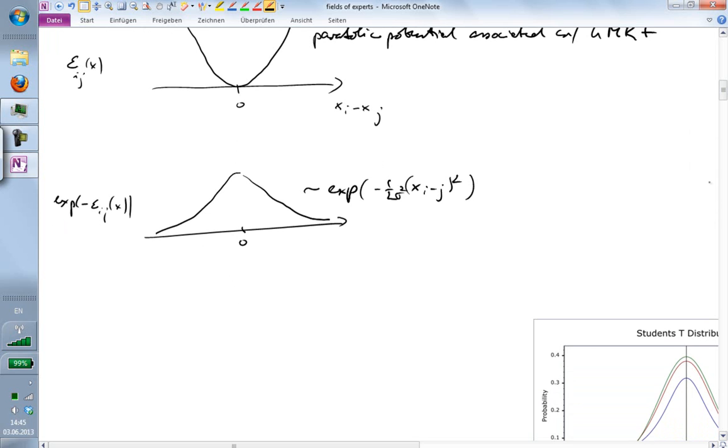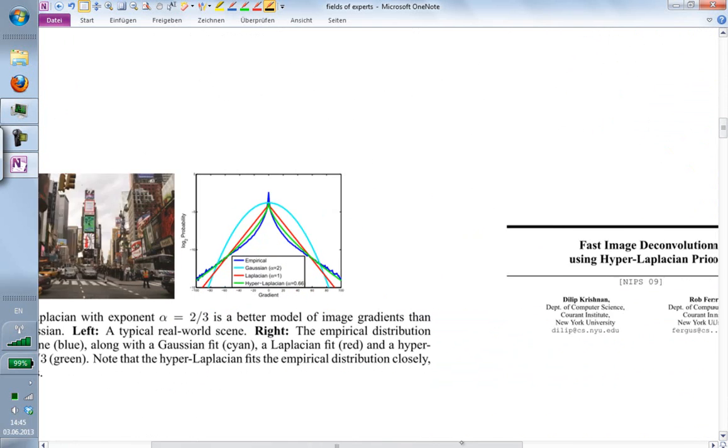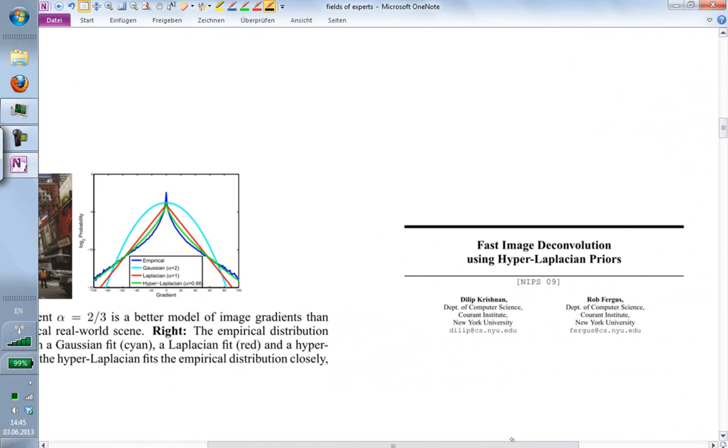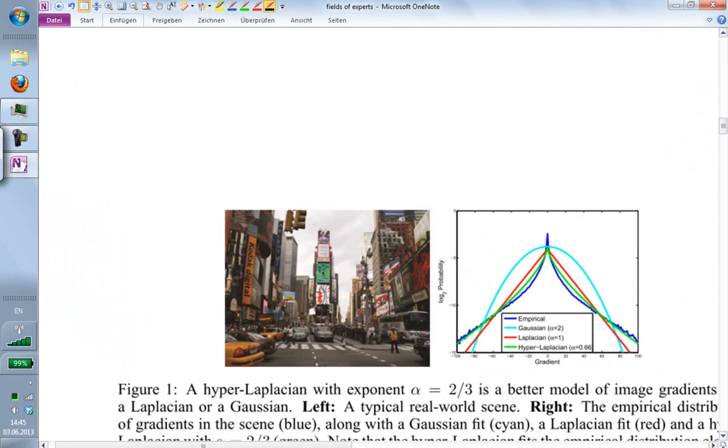However, if you now look at an example from a recent paper by Krishnan and Fergus, and this finding has been around for a longer time.